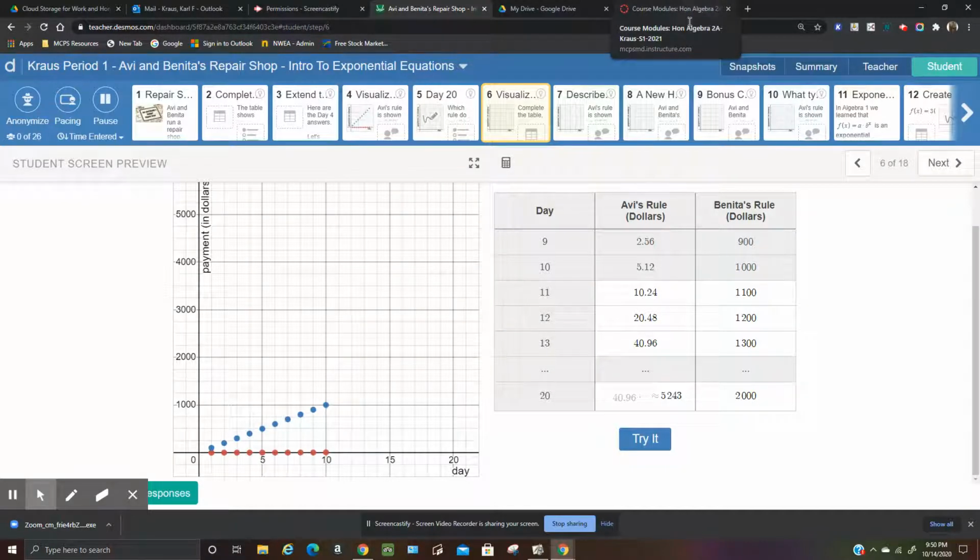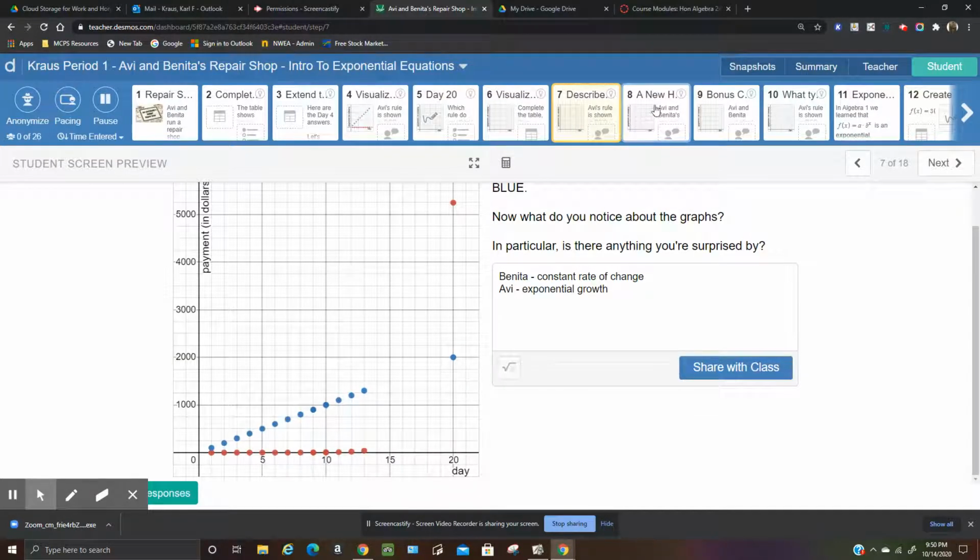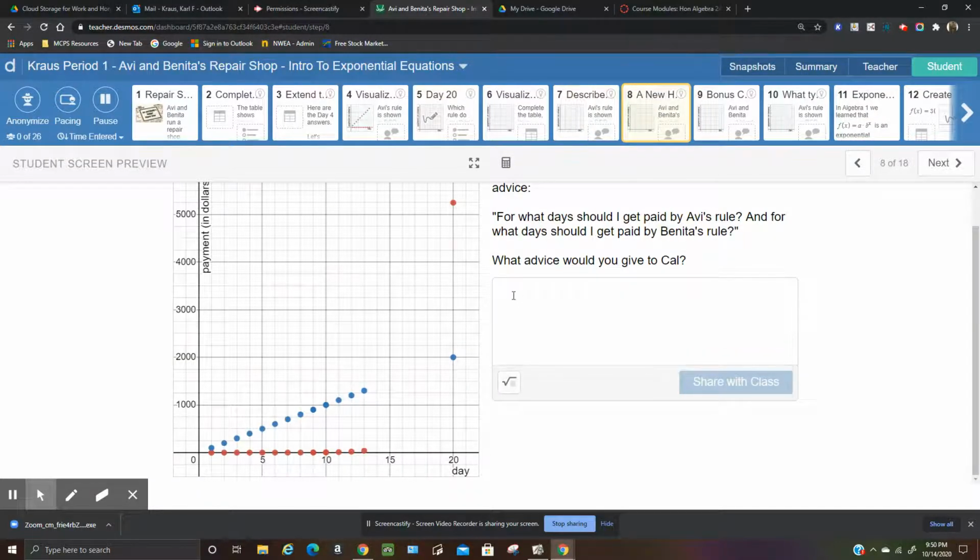So back on this slide here. If Cal is only going to work 18 days, then use Benita's rule.